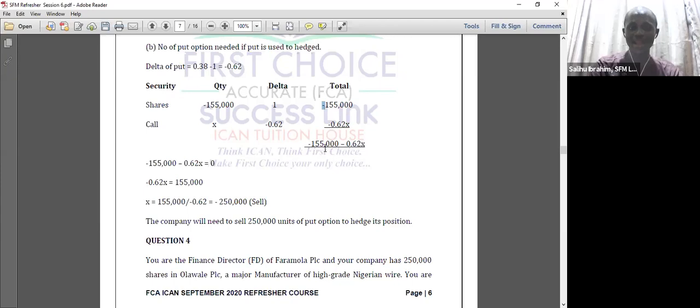Add these two together. What do I have? Minus 155,000 minus 0.62x. Equate it to 0. So I have 0.62x is equal to 155,000. Then calculate the value of x, and that's giving me minus 250,000. Because it is minus, I'm selling. I will now say the company will need to sell 250,000 units of put option to hedge its position.